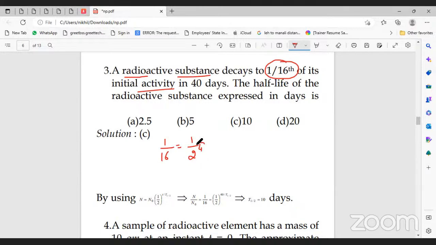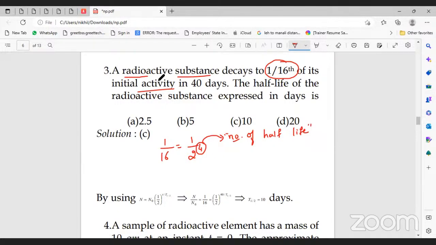As I explained, what does this 4 represent? This 4 represents the number of half-lives, isn't it?